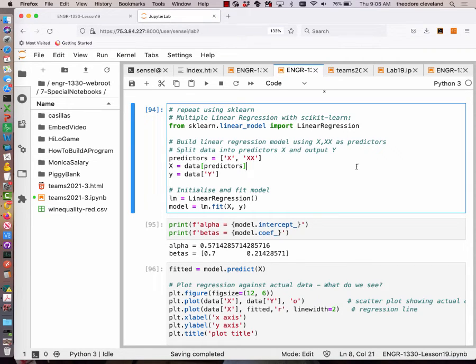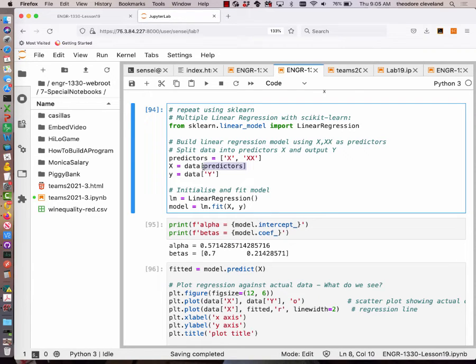One object is the predictor object. The second object is the predicted, or the response. And so here we're going to create an object named predictors, and it's just going to have the two keys associated with our data frame that we've already built.